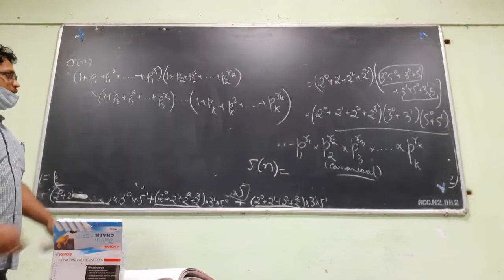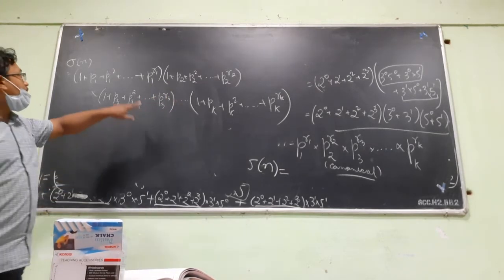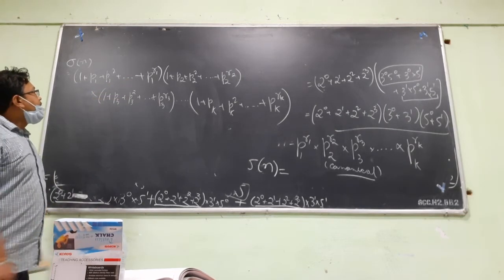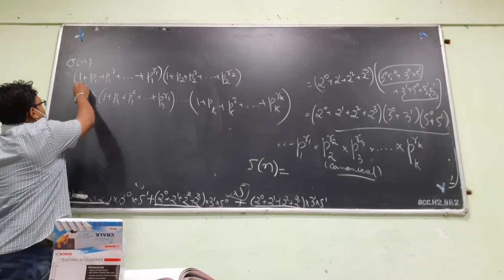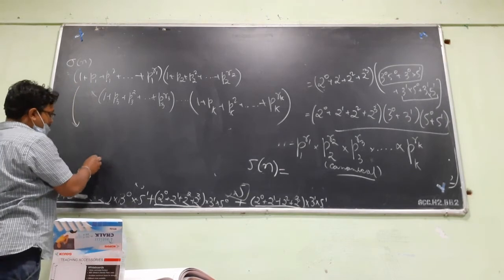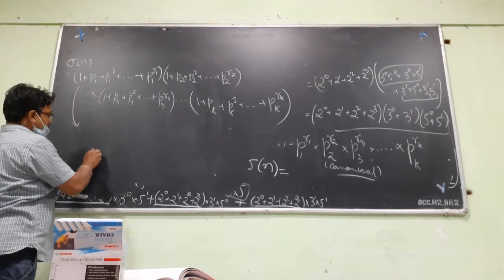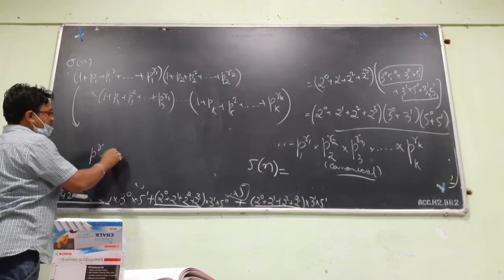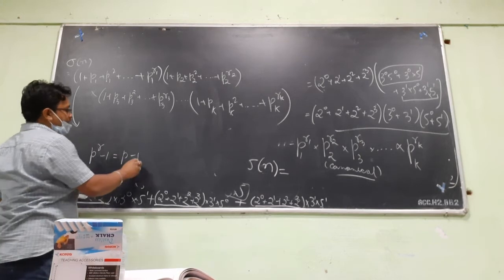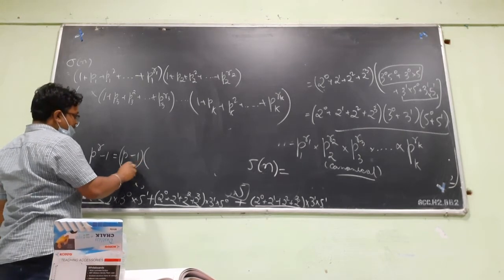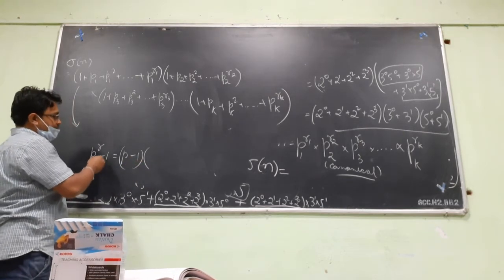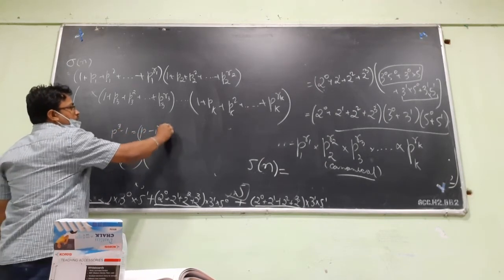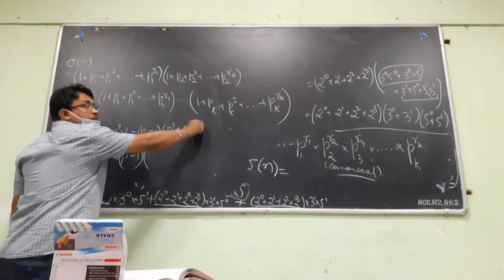Okay. So if the number is given in this form, we can easily find out what this is. Right. So there is a simple formula for this. You have done it in school. What is that? p to the power r minus 1 divided by p minus 1. Suppose p cube minus 1, what is that? p minus 1 into p square plus p plus 1.